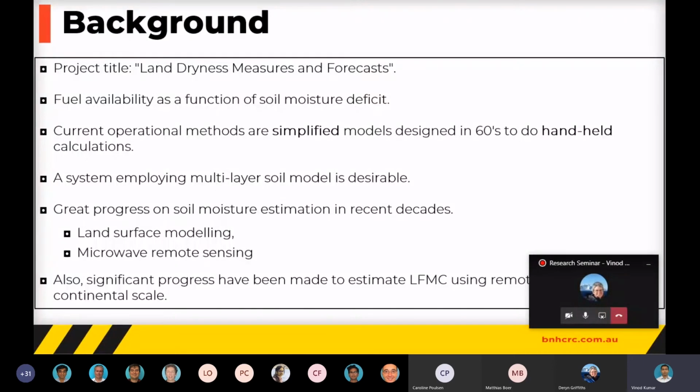Great progress on soil moisture estimation has been made in recent decades, especially in the form of land surface modeling and microwave remote sensing. Also, there's been a lot of progress made in estimating the live fuel moisture content, especially using optical remote sensing data at a continental scale.